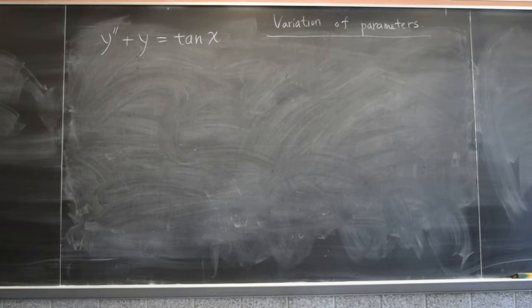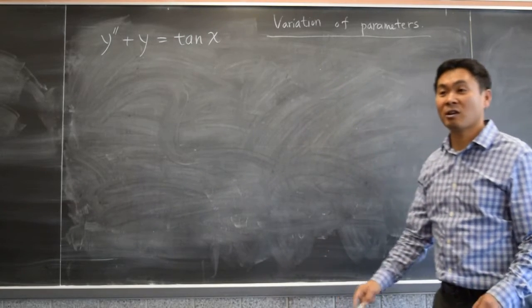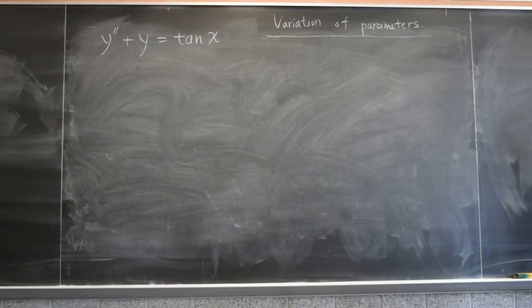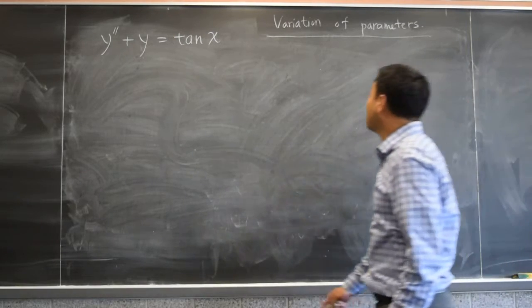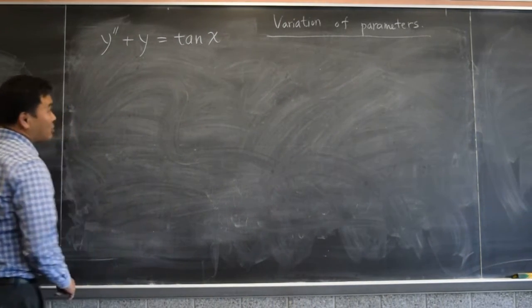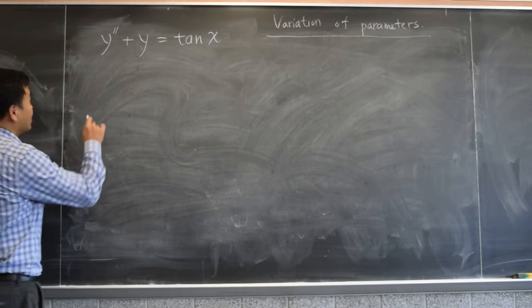Sometimes it may not, but always you'll find that the variation of parameters can give you the answer in the form of some integral. The problem is, in many cases, the integral will be some kind of integral where you can't calculate. Okay? This one, you'll see that you can calculate the integral. All right, so what is the variation of parameters?